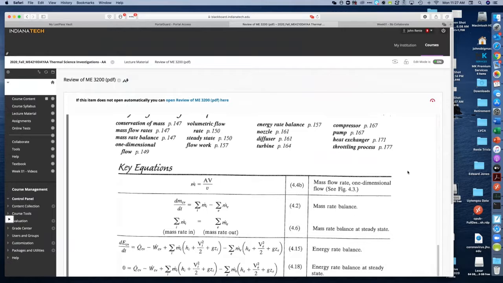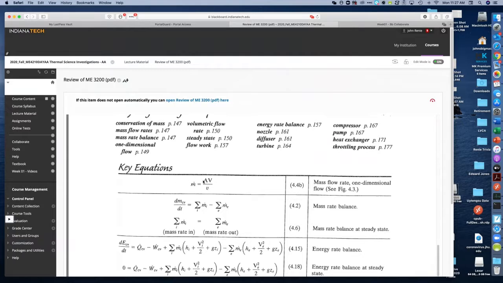And one of the first things that we identify is that if we have one-dimensional flow through a duct of a given area, we can represent the mass flow rate by rho AV, density times area times velocity. And since density is just 1 over the specific volume, you'll see it in this particular form here.